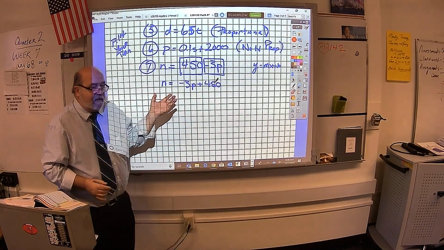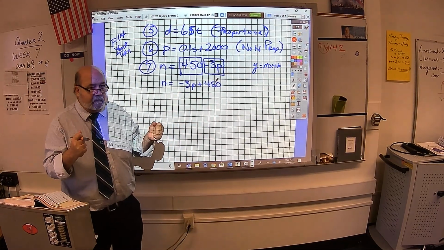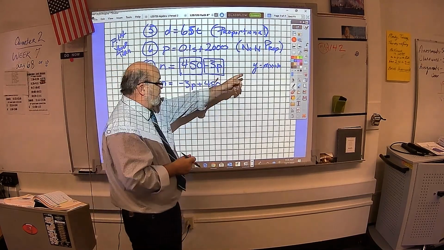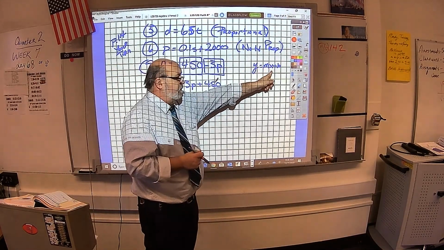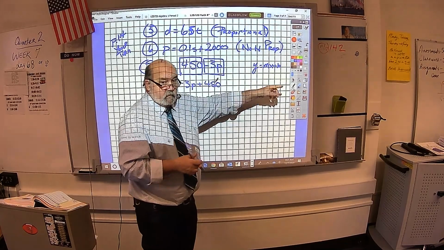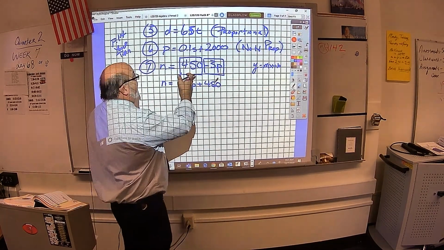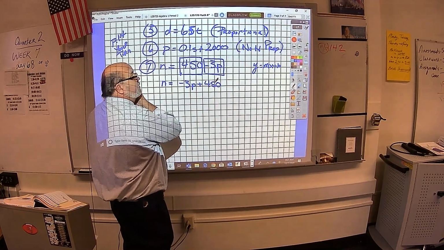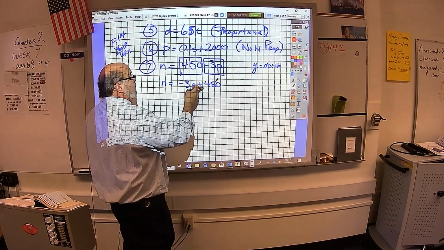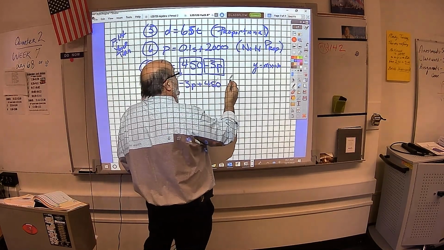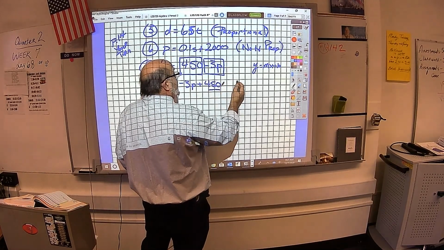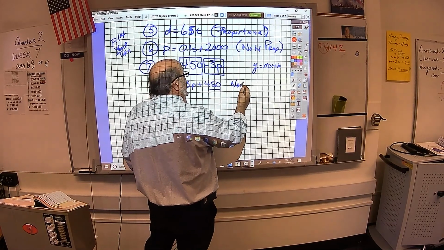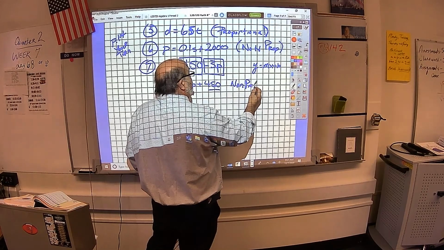Once I've done that, I'm solid as a rock. That's a multiplier of x plus an amount, or minus an amount, because we're adding the negatives. See how that works? This makes an addition. So because of this, it's non-proportional.